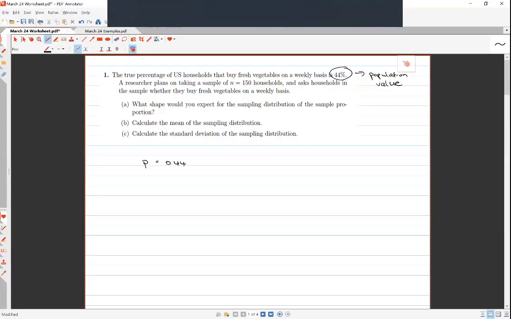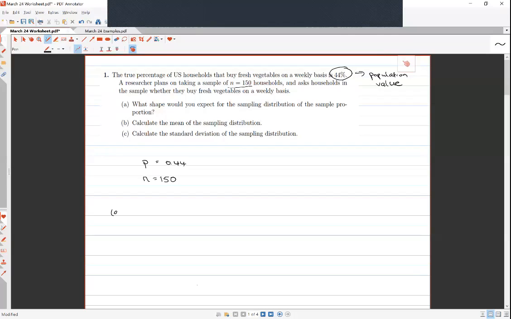And now a researcher is going to take a sample of 150 individuals, and in that sample, the researcher is going to ask people whether they buy fresh vegetables on a weekly basis or not. So what we want to understand is, in the sample that the researcher is going to take, how much deviation would we expect to see from the true value of 44%?